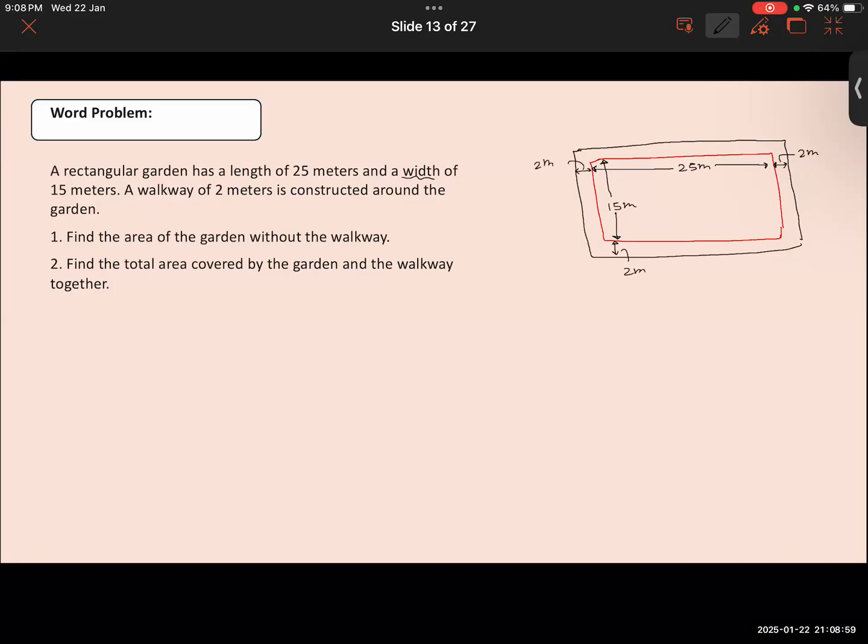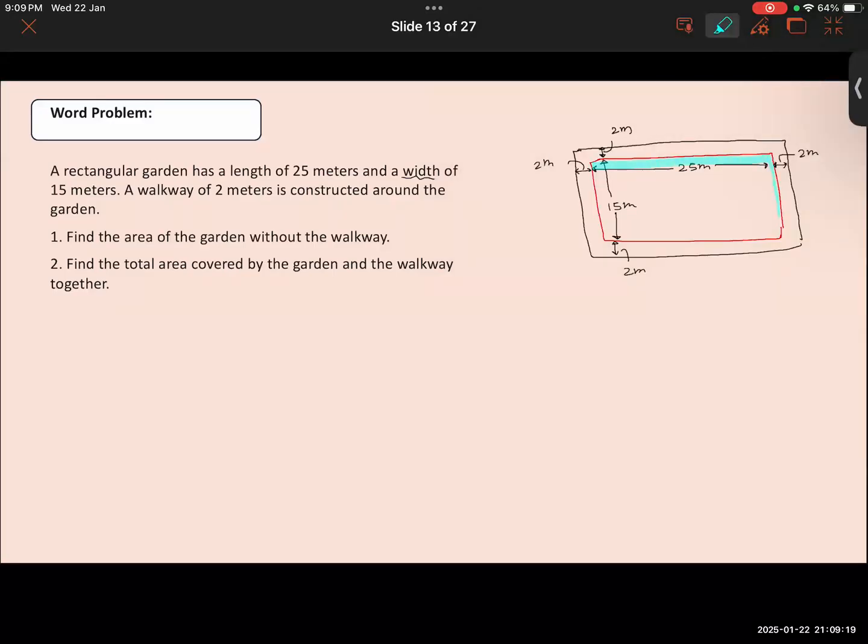Read the first question. Find the area of the garden without the walkway. So it is asking us for the area of this much of the garden, right?